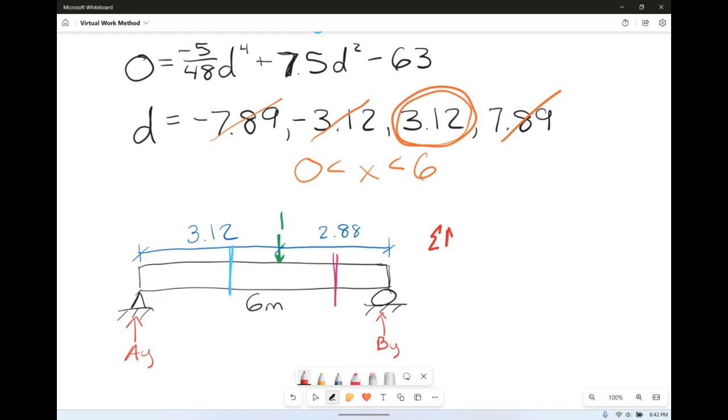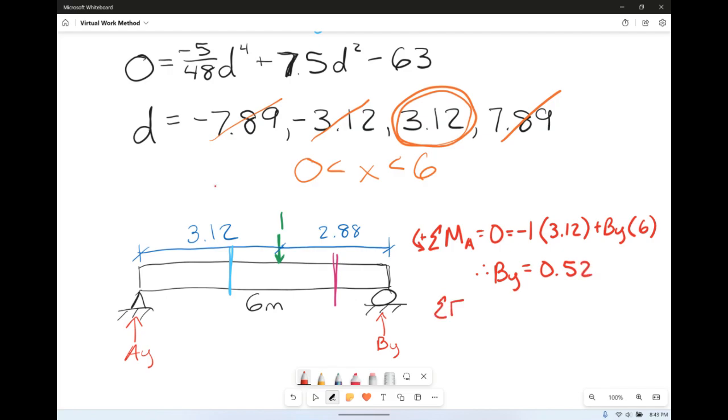So if we sum the moments about A and set it equal to 0, we have our minus 1 load there, times its distance of 3.12, plus we have BY times 6. So BY is equal to 0.52.